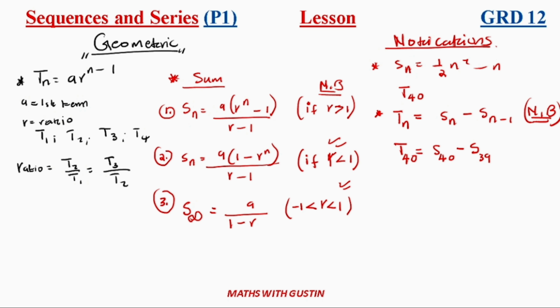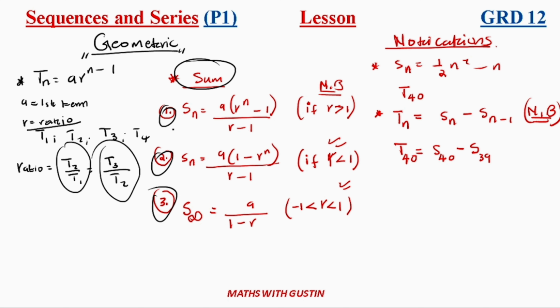And then we did come here and discuss geometric sequence. I said this one you will see it because it has got a ratio, and the ratio you would check by saying t2 over t1 should be equal to t3 over t2. And then we said we have got sums when it comes to geometric sequence, and it has got 3 different types of formulas which have different conditions where to use one or the other.